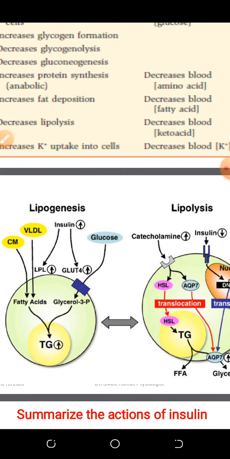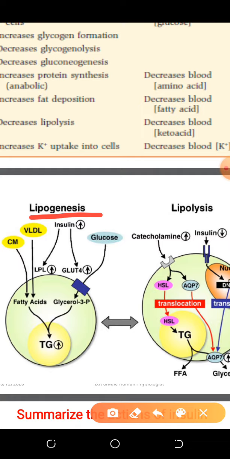Okay, lipogenesis and lipolysis. So what can we see from these diagrams? Insulin promotes lipogenesis. Under lipogenic conditions, insulin binds to the insulin receptors located on the surface of the adipocytes, and transfers glucose transporters to the plasma membrane.